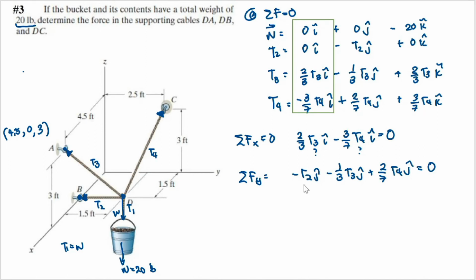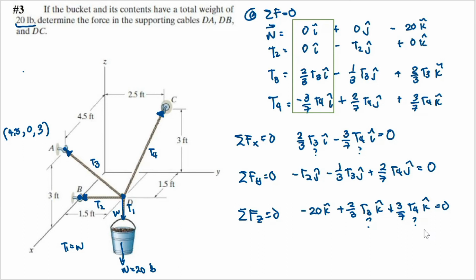Since tatlo yung unknown dito, T2, T3, and T4, wala tayong masosolve dito. Now, for the summation of Z is equal to 0 again. So, that is negative 20 k hat plus 2/3 T3 k hat plus 3 over 7 T4 k hat is equal to 0. So from here, wala na naman tayong masosolve.